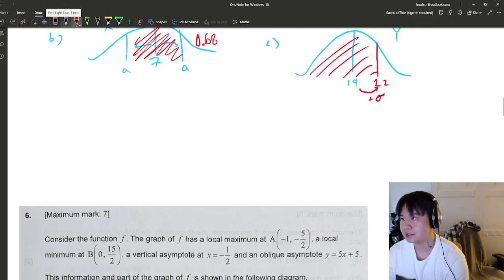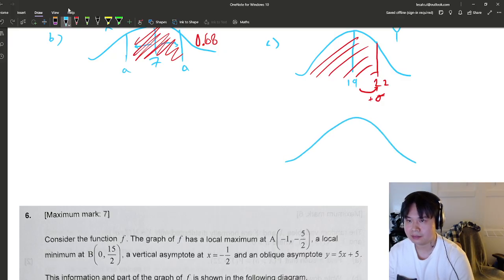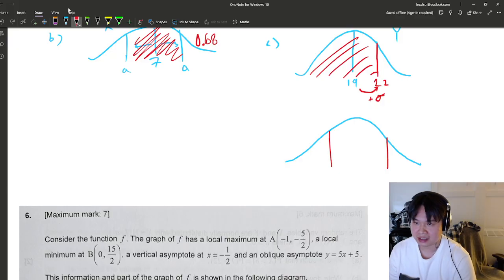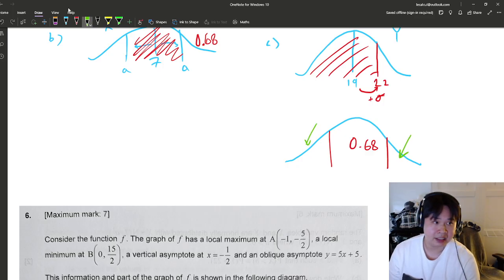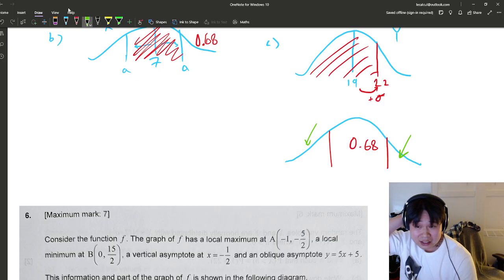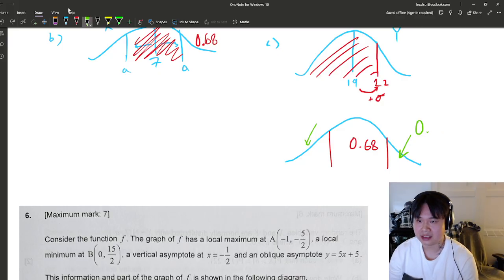Shoot. I think it's like... Okay, so within one standard deviation is 68%. That means that the tails are the other part of 100%, which is like 32.